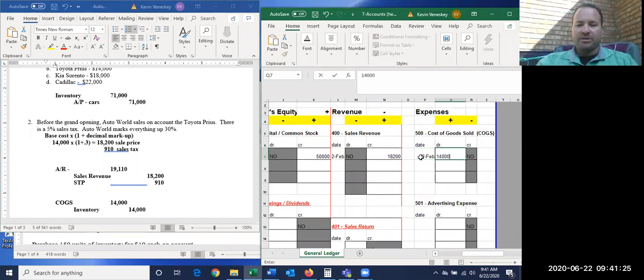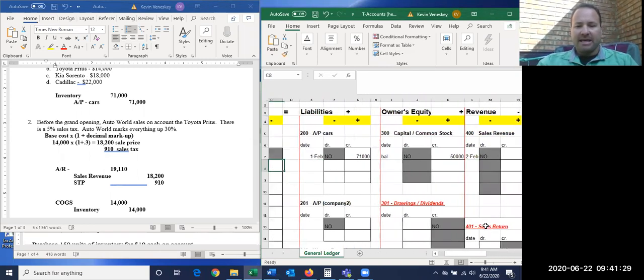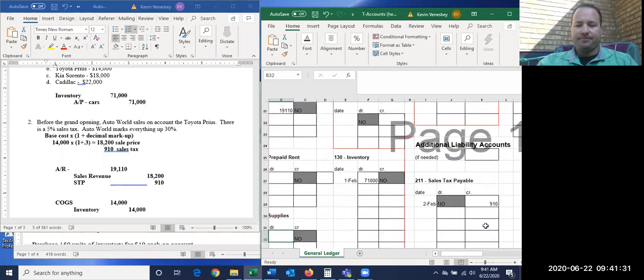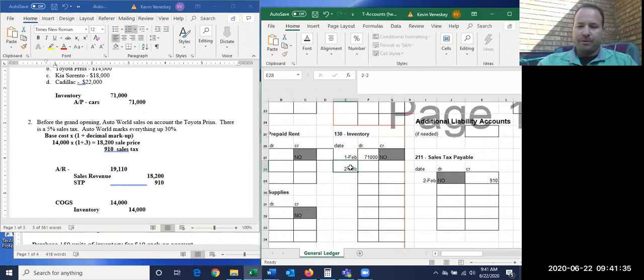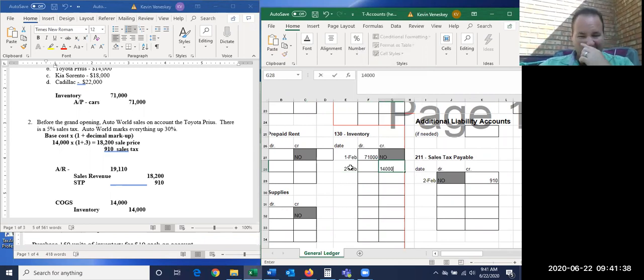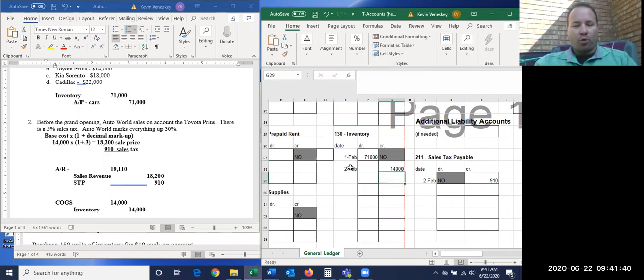On 2-2, it's 14,000 for the sale of the Prius, and I get rid of it on my inventory. On 2-2, the sale of the Prius, 14,000, credit the inventory.